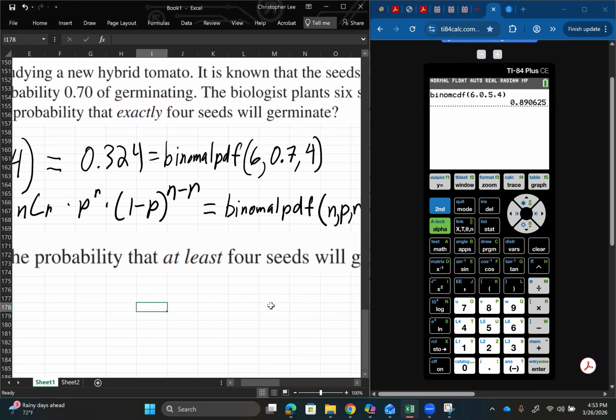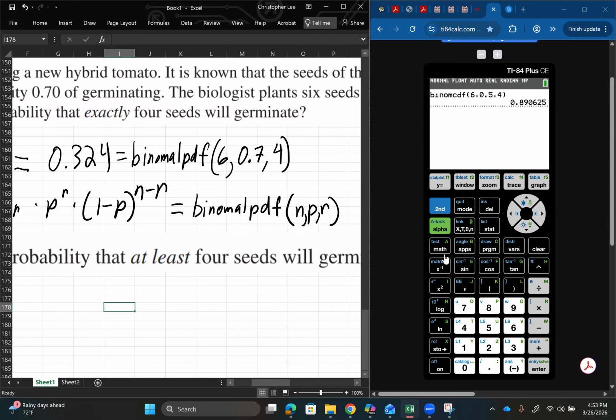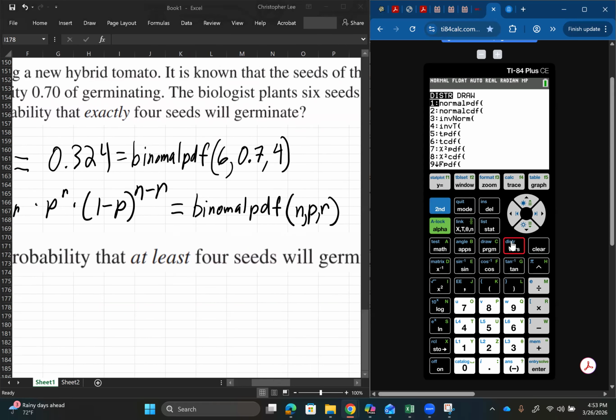All right, so if you're trying to do it in a calculator, you go to the distribution. First you got to do second, data, go across distribution, all that stuff. When you're in the distribution, you go down to binomial PDF, the first one.